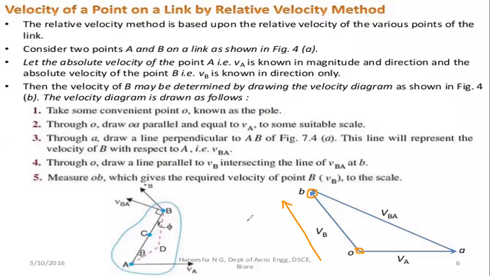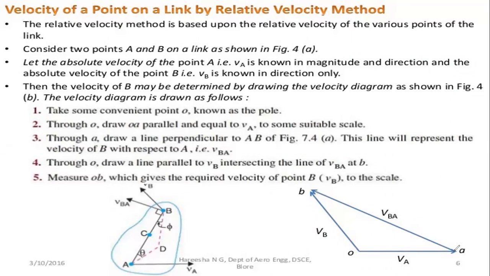So these are the points. From the general diagram, I am taking this velocity diagram. First of all, you need to draw the OA line. From the velocity of the point A, I am taking the point O as a fixed point and drawing the VA line, which is parallel to the velocity line.